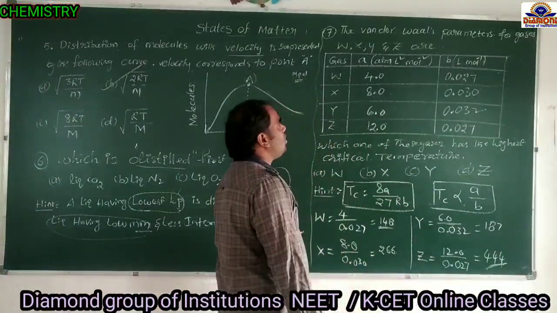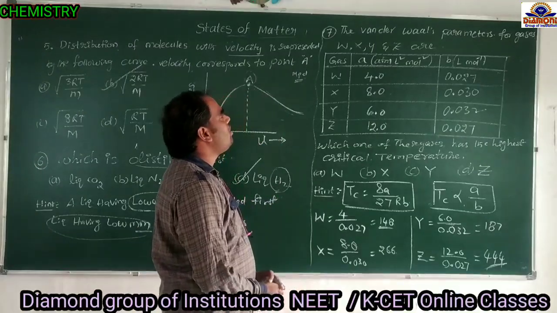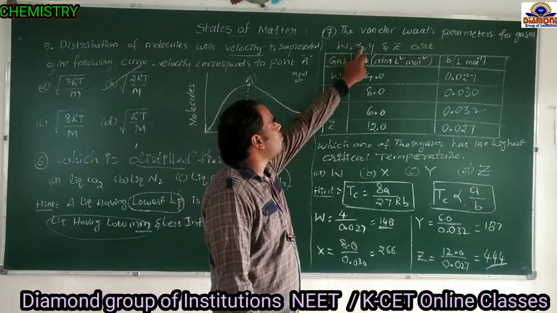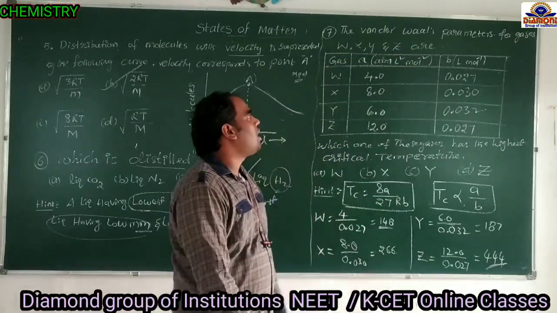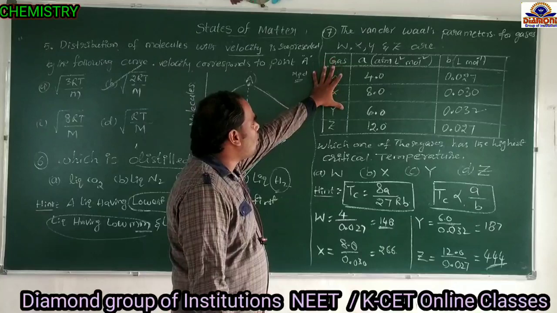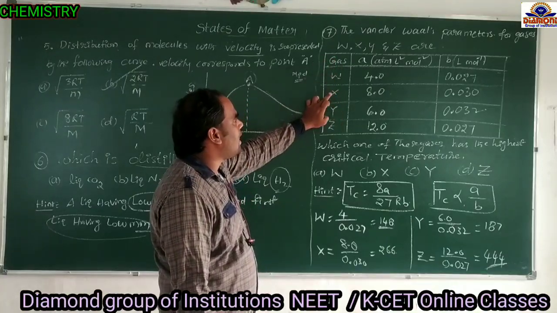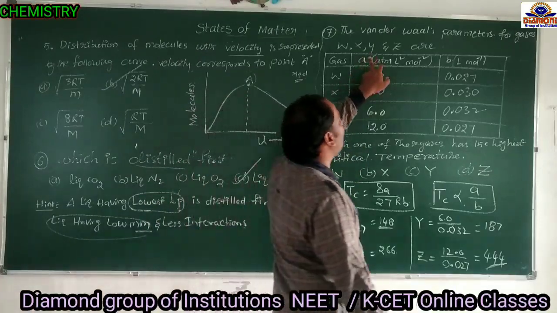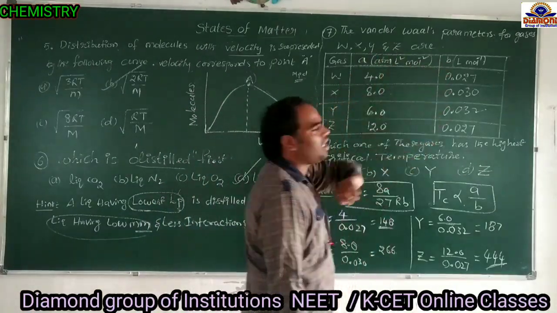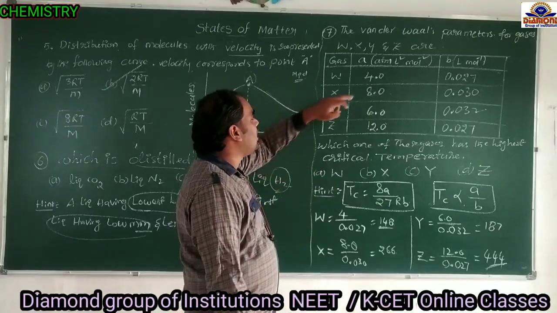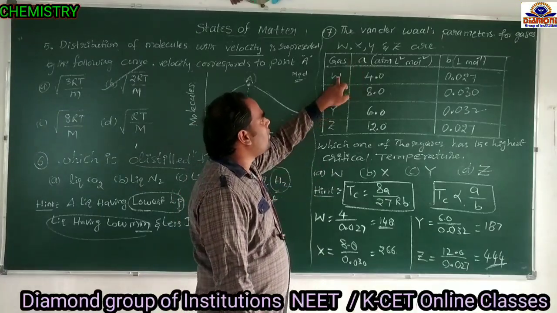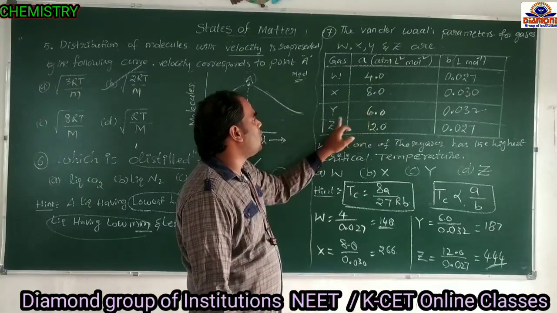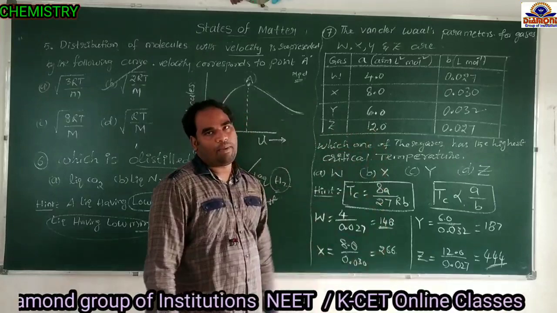Next, question number 7. The van der Waals parameters for gases W, X, Y, Z are given. Here they are given four kinds of gases: W gas, X gas, Y gas, Z gas. And the van der Waals parameters are A and B. Here the A value for W gas is 4.0, for X gas 8.0, for Y gas 6.0, for Z gas 12.0.